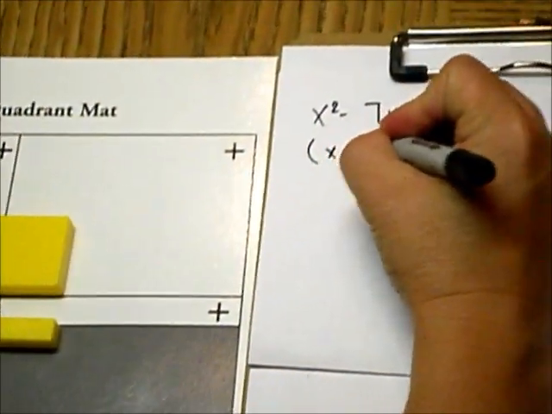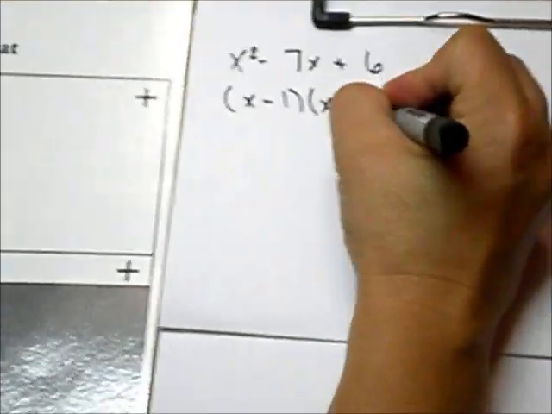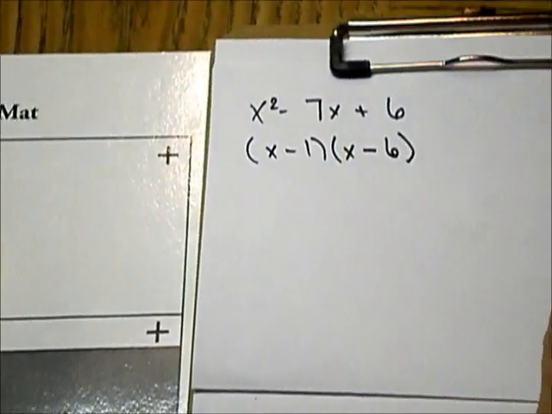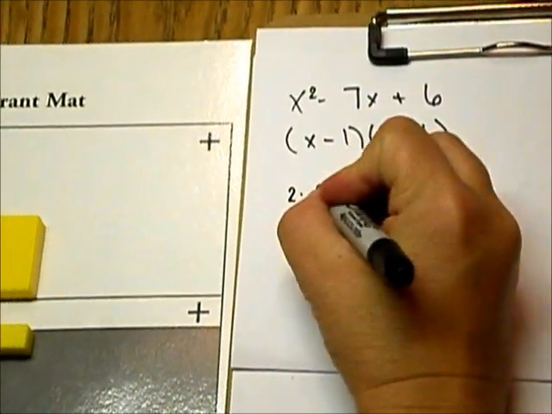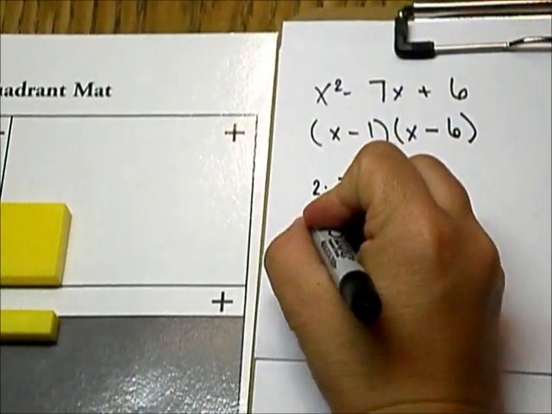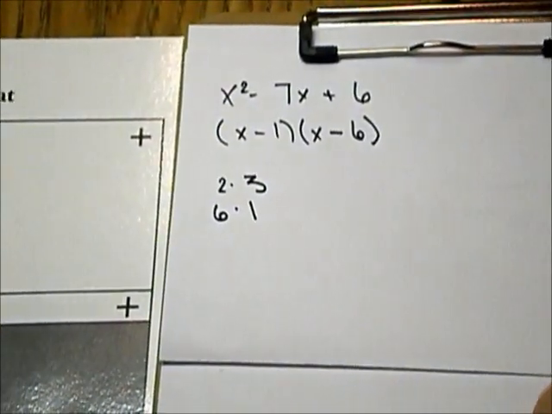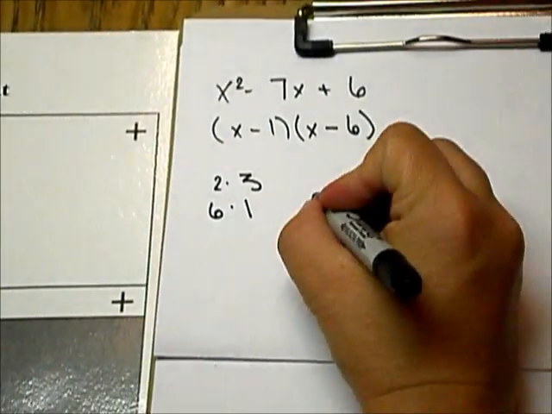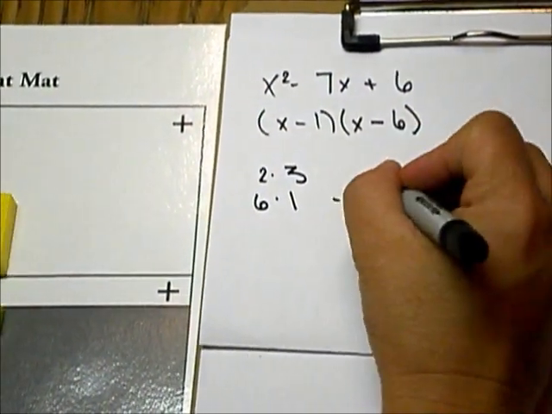When we factor the expression, again we will open two sets of parentheses, and we're looking for the factors of 6. We know the factors of 6 are 2 times 3 and 6 times 1. The solution is the factors of 6, which we can add to get negative 7. That will be negative 6 and negative 1.